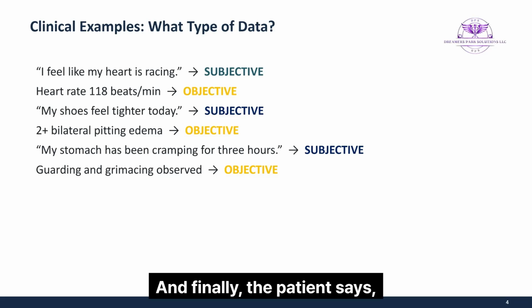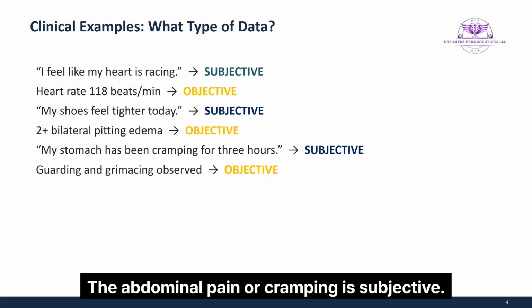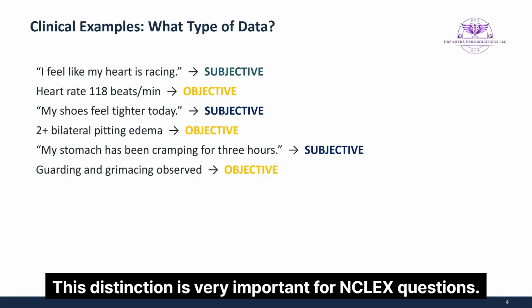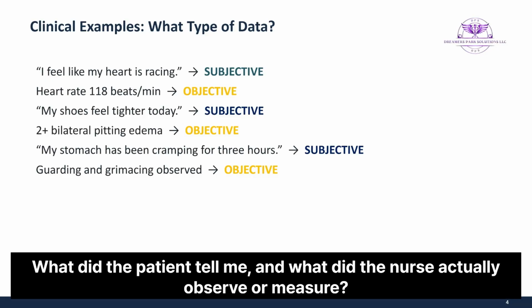That's objective. And finally, the patient says, "My stomach has been cramping for 3 hours." The abdominal pain or cramping is subjective. However, if you observe the patient guarding the abdomen and grimacing, those are objective findings because you can see them. This distinction is very important for NCLEX-RN questions. Think, what did the patient tell me, and what did the nurse actually observe or measure?